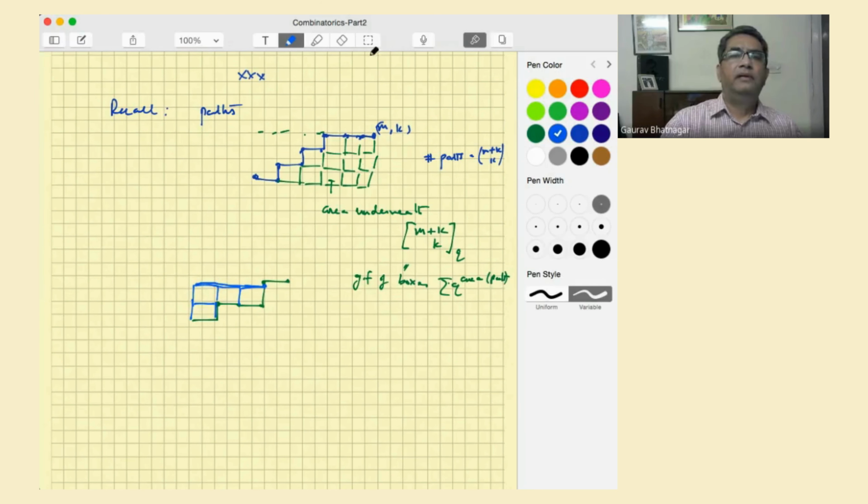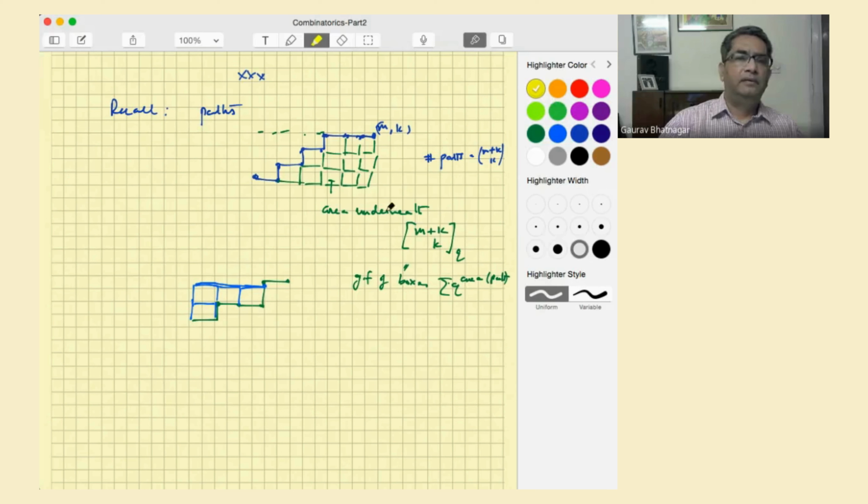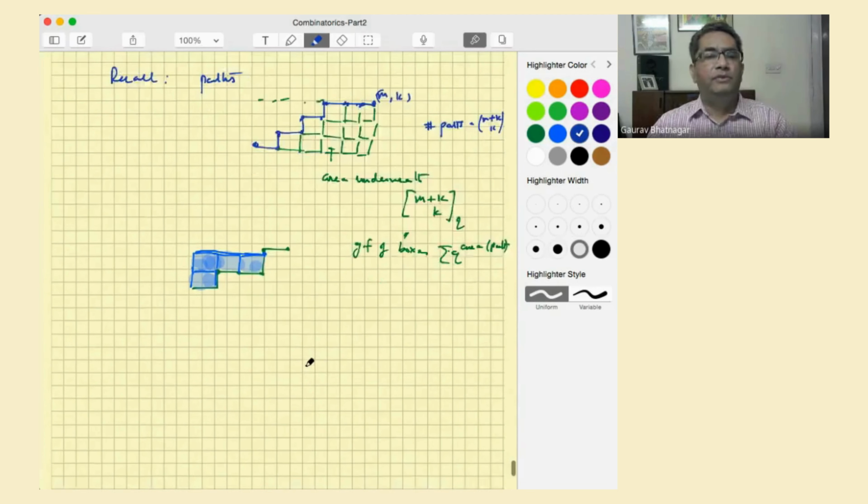You keep track of these boxes, and what are these boxes? These boxes are Ferrers diagrams.